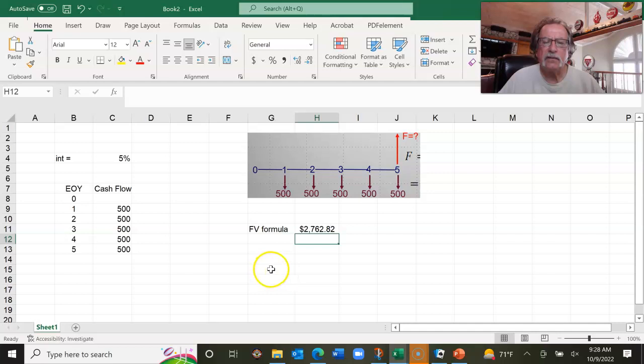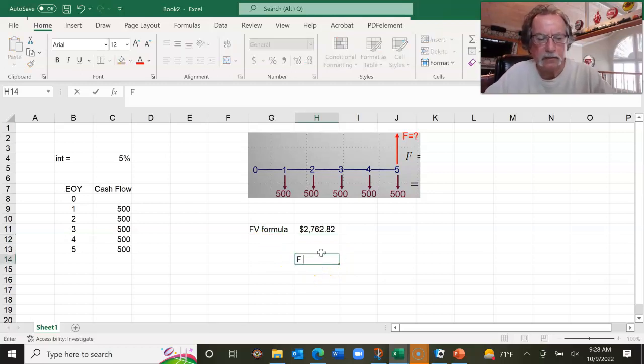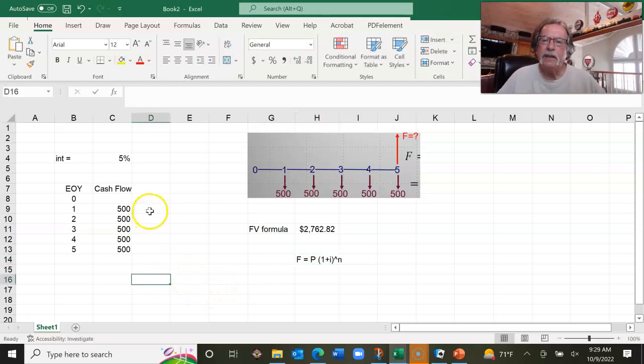Now let's look at another way to do this. Let's look at the future value function, where future equals P times 1 plus I to the n. So we can do that right here.